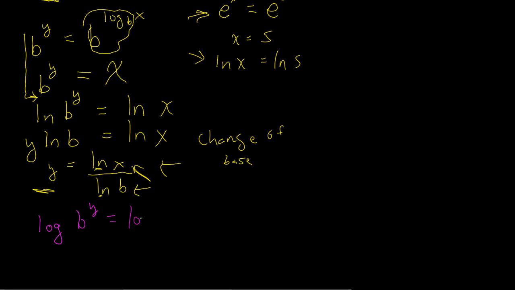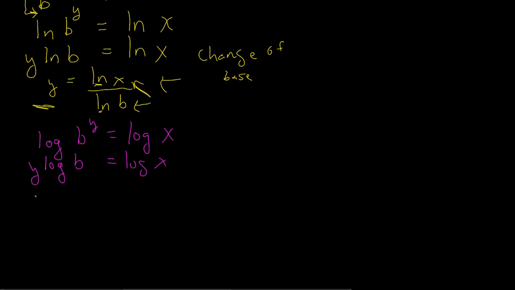So I take log base 10 of x. My property of logarithms doesn't matter what the base is, so this y still multiplies back out front here. And I'll divide both sides by log of b.